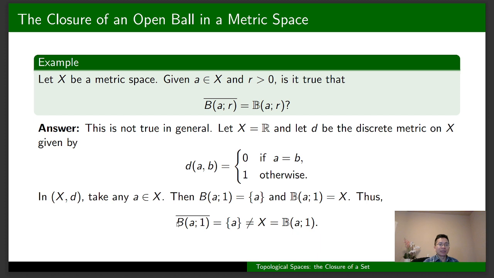So, in particular, any open ball is closed. Is that weird? Okay, so the closure of this open ball is itself, so it's a single point set, while the corresponding closed ball is the entire space X. They are not equal. So this is a counterexample for this property.